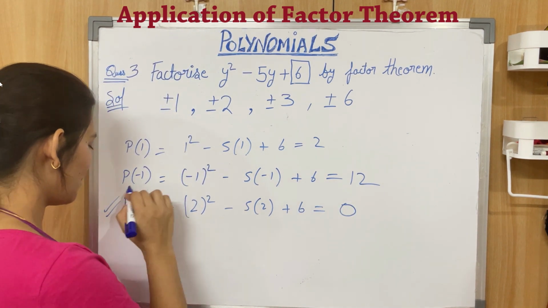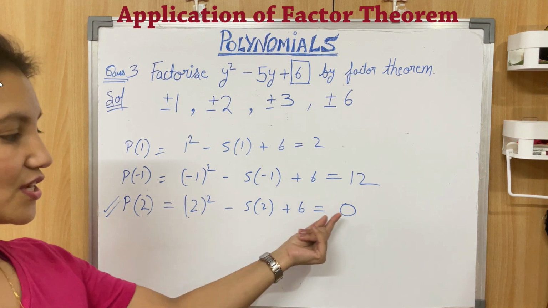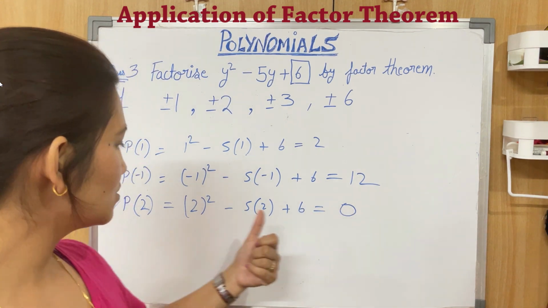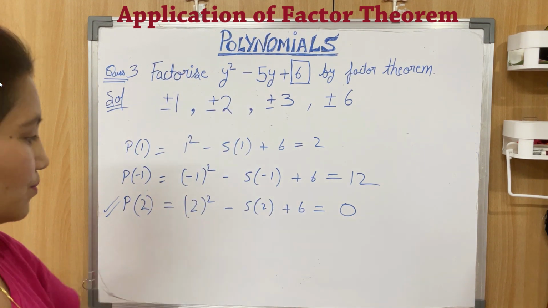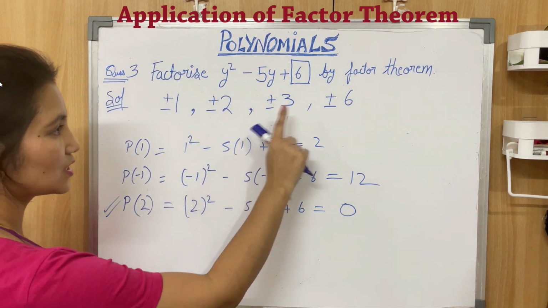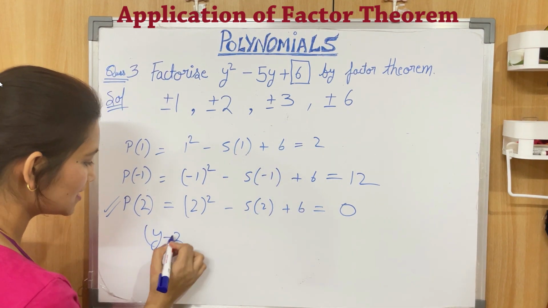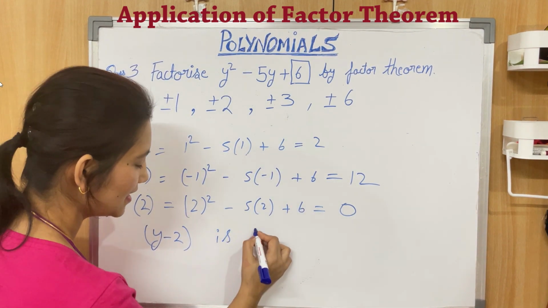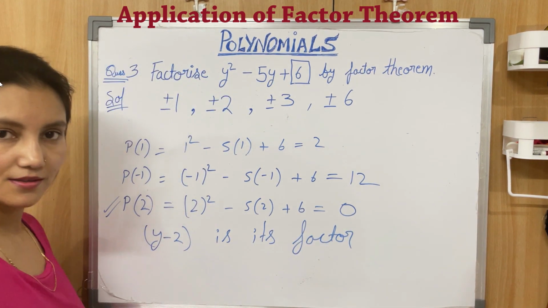So now this is of use to me. At 2 the expression has reduced to 0. It means p of y at 2 is 0, so y minus 2 is its factor. So we have got one factor here, right?